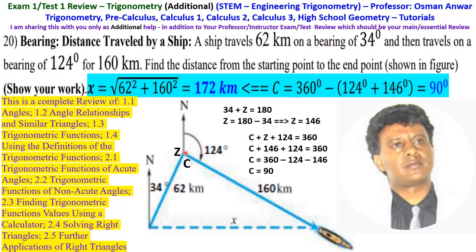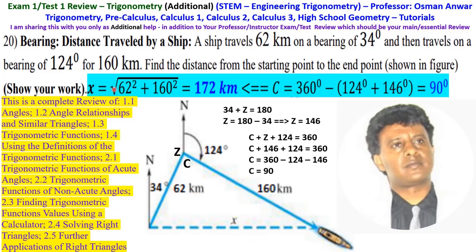And at this point, z plus c plus 124 degrees is equal to 360. That is c plus 146 plus 124 is 360, so c is 360 minus 124 minus 146. C is equal to 90. Then indeed this is a right triangle, which means we can use the Pythagorean theorem.